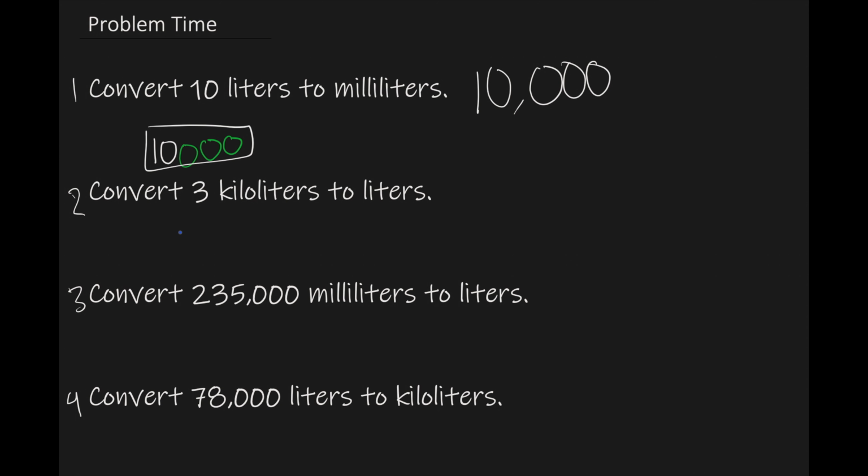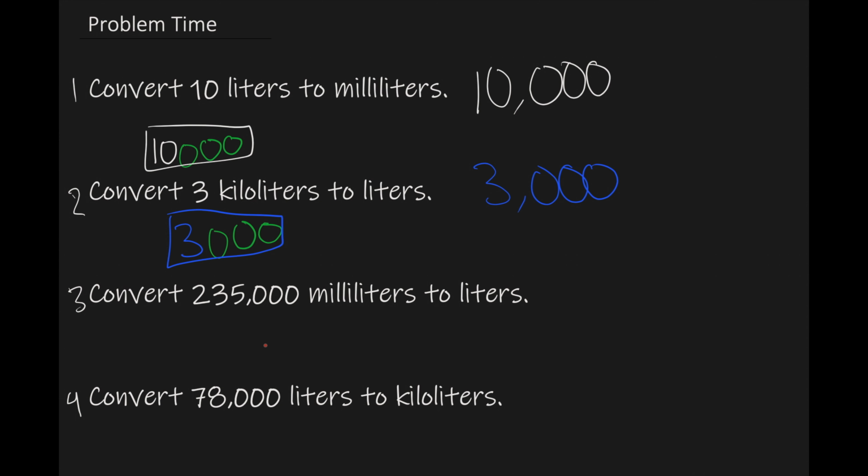Okay, so 3, add 3 zeros, 1, 2, 3, and our number here is 3,000.